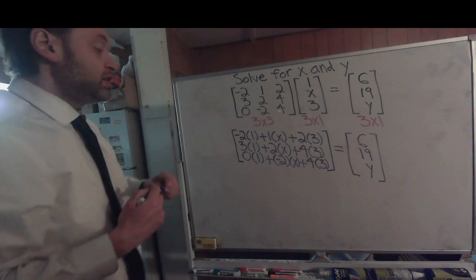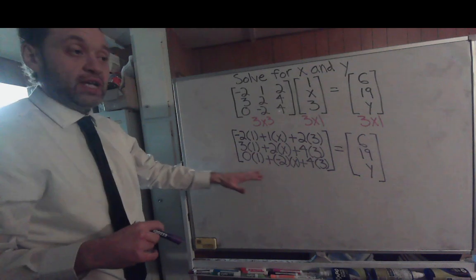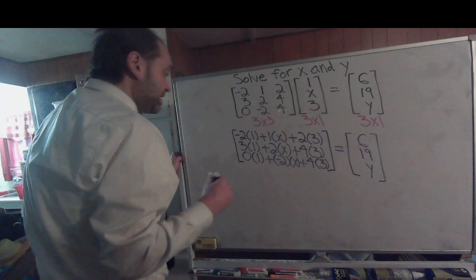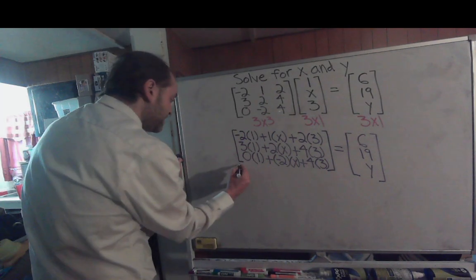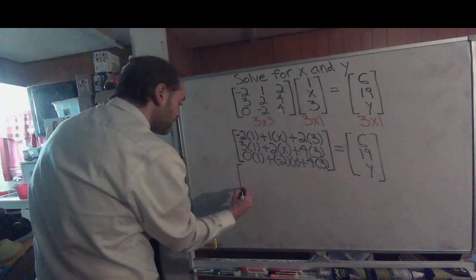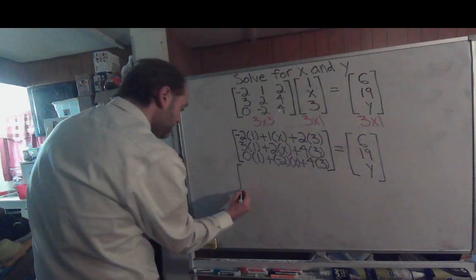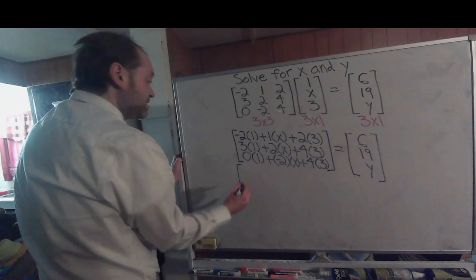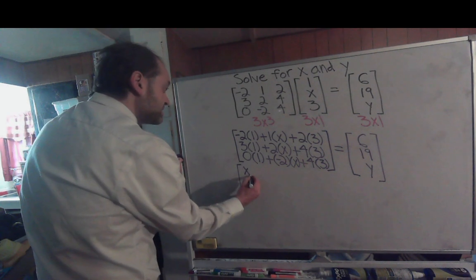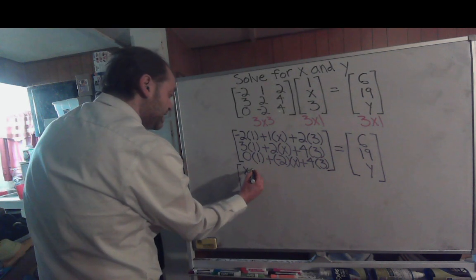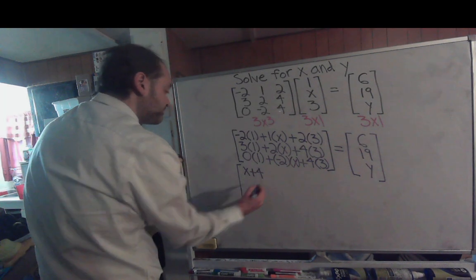Which means ultimately we're going to have two equal matrices. And I'll explain more about that in a minute. So you simplify this sum, and for your entries, you would end up getting x minus 2 plus 6, which would be x plus 4.